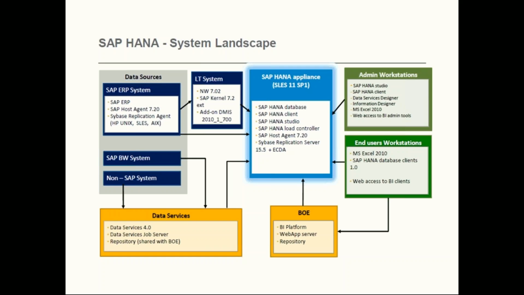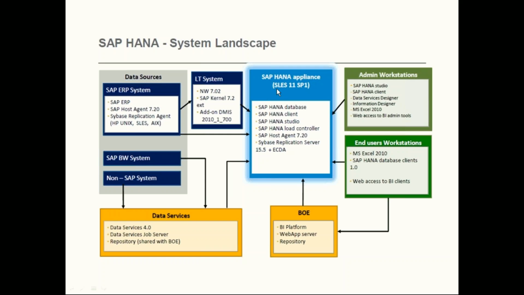So try to concentrate. See here, in the middle, this is your HANA database server. What do you need for a HANA database server to run? You need certified hardware, which we call an appliance, shown here, and an operating system.